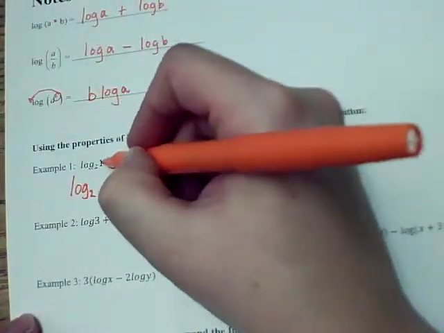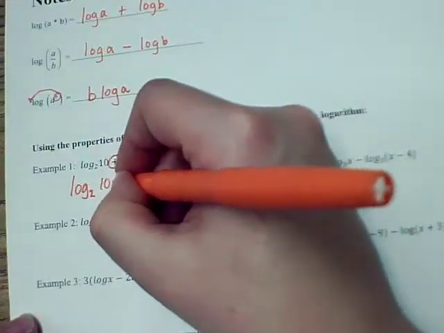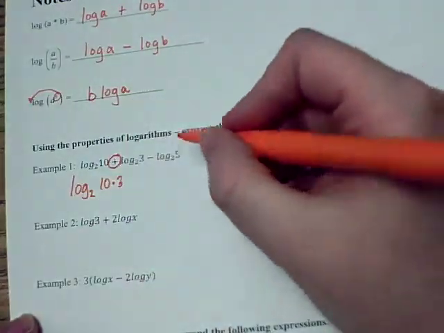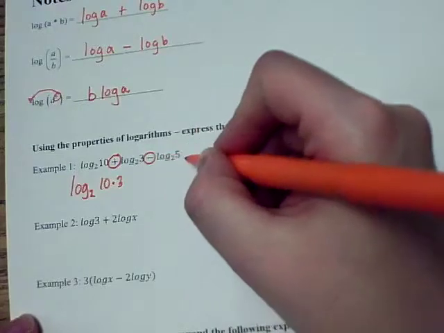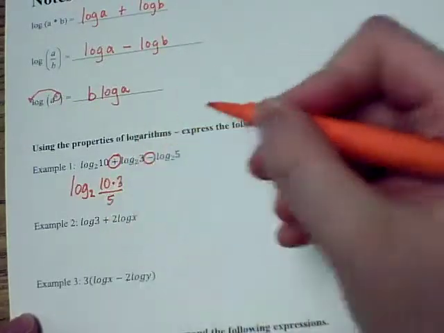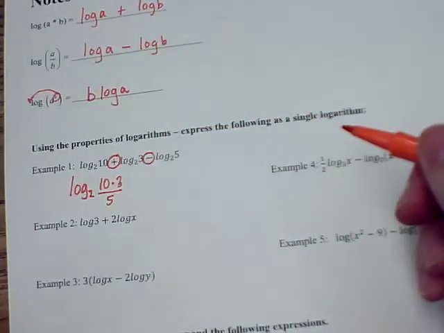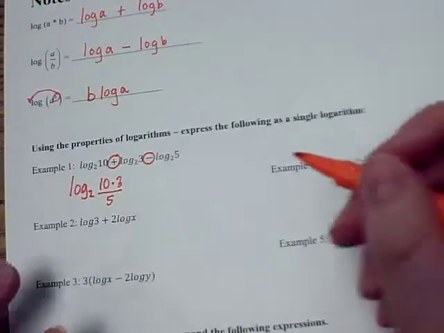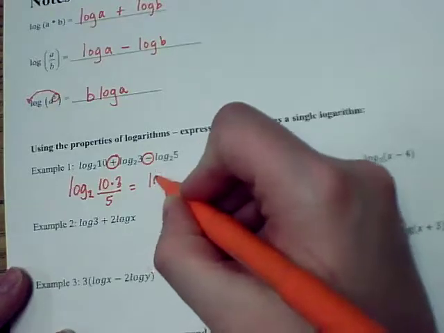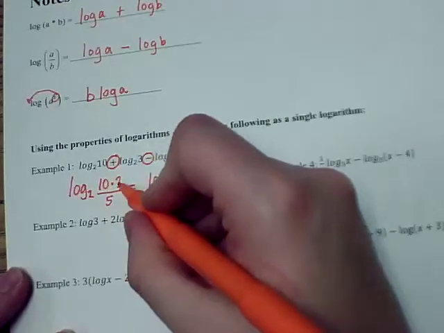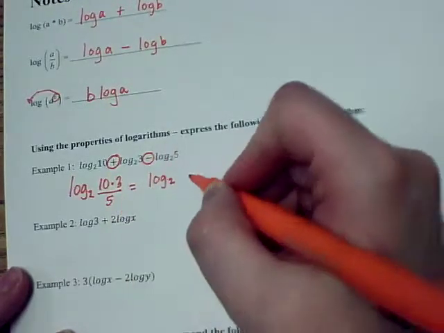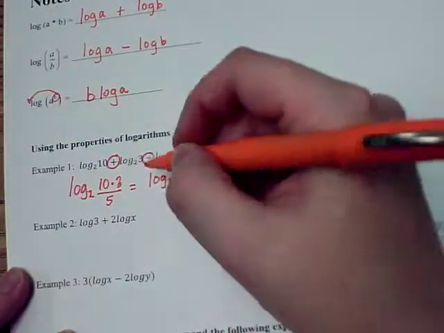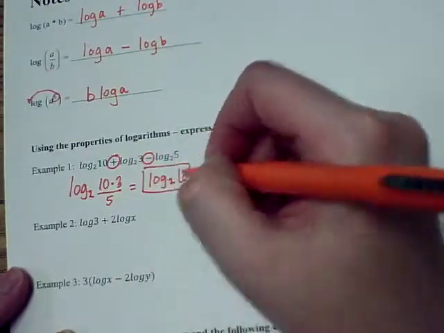So I'm going to have the 10 times the 3. And then the minus means I'm going to divide, so all of that divided by 5. Now, since these are all actual numbers, I can multiply them out and solve. If they were variables, then I would just leave them the way they are. So this becomes log base 2, 10 times 3 is 30, divided by 5 is 6. So this right here is my final answer.